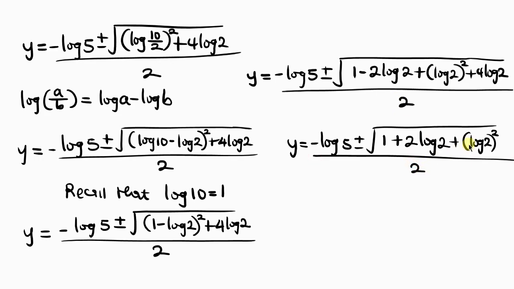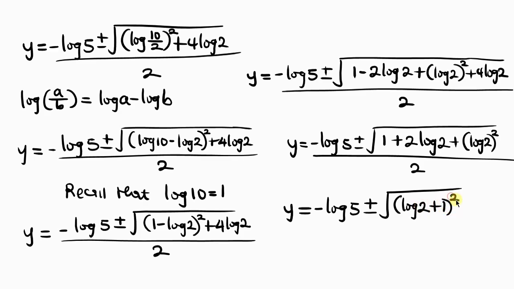Now notice that this expression is a perfect square. So we have y to be equal to minus log 5 plus or minus the square root of. Now, like I said, this is a perfect square of log 2 plus 1 to the power of 2 all over 2. Let's continue in the next slide.